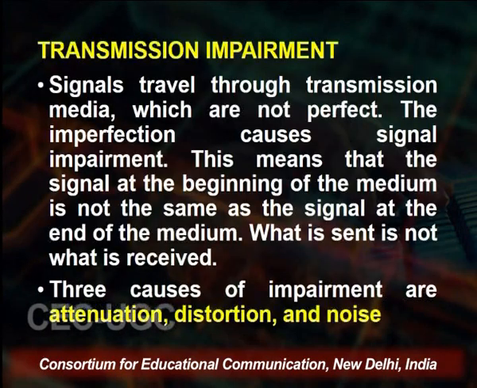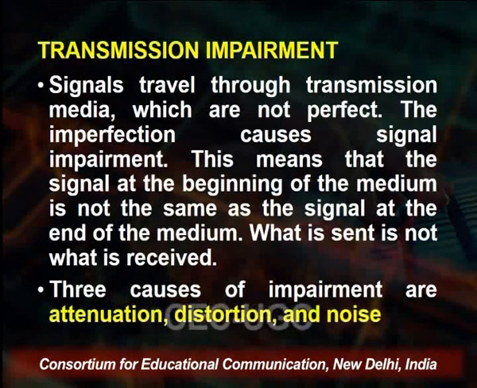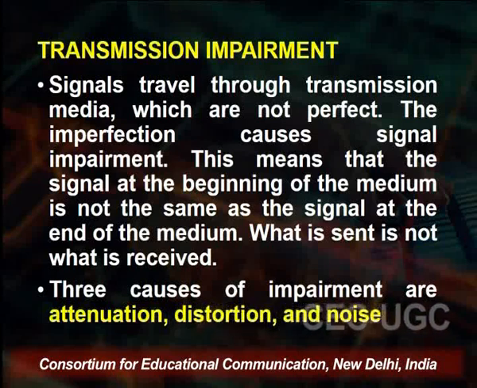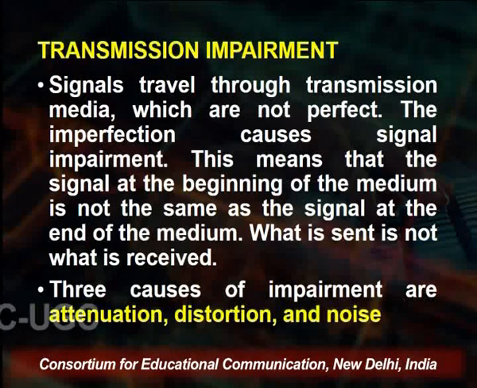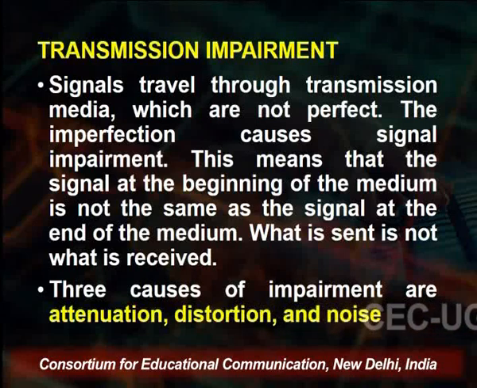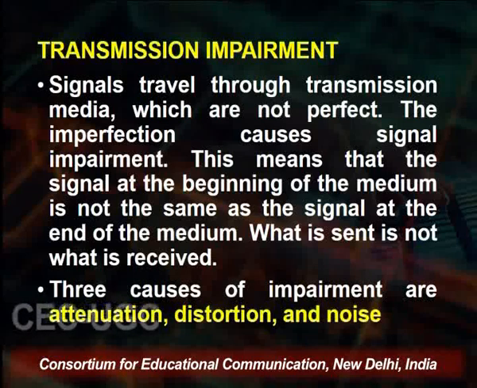Alright, so now when the signal is traveling through a transmission medium, the transmission media are not perfect. Of course we are going to discuss in detail the different transmission media, but we can understand that a transmission medium could be anything. It could be a wire, or air, or any kind of optical fiber.